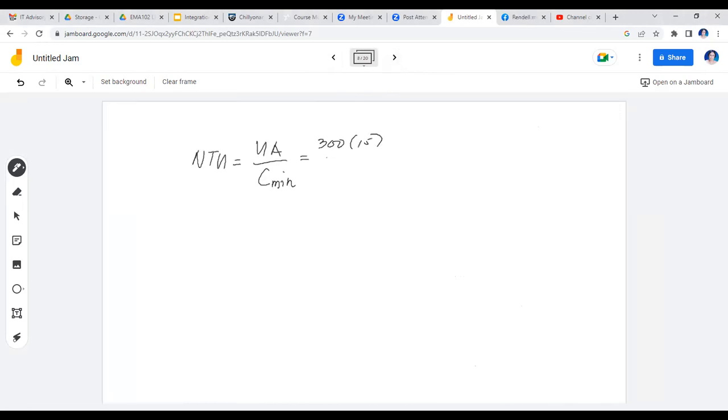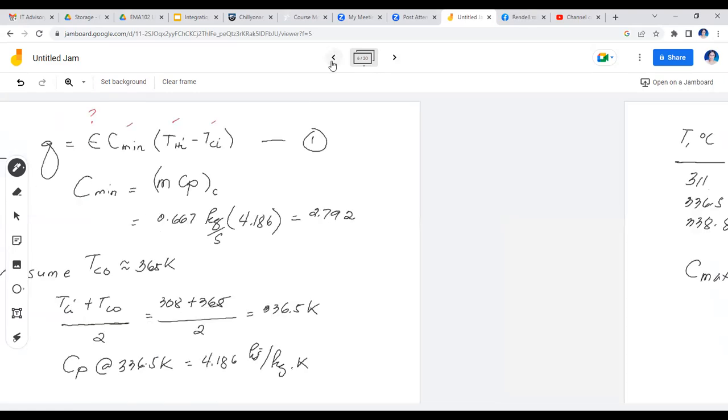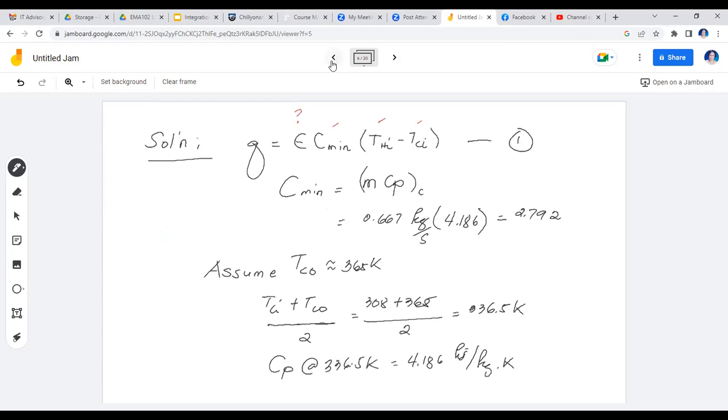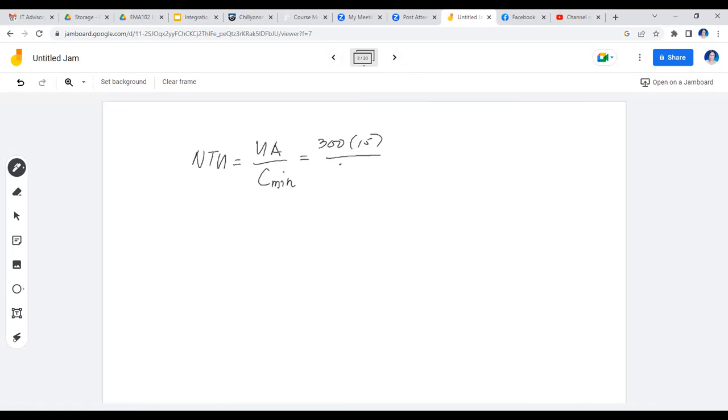And you have the C minimum, so our C minimum is 2.792. So from here, you'll be able to get the number of transfer units. So that's 300 times 15 divided by 2.792.